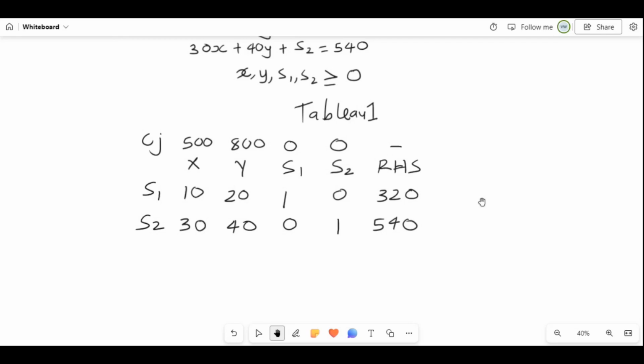So we have to start at the point of origin and assume that there is no resource that has been allocated. So if the coefficient of S1 is 0, then on the left-hand side of our constraint, it will have a coefficient of 0. If the coefficient of S2 is 0, then on the left-hand side of our constraint, it will have a coefficient of 0.